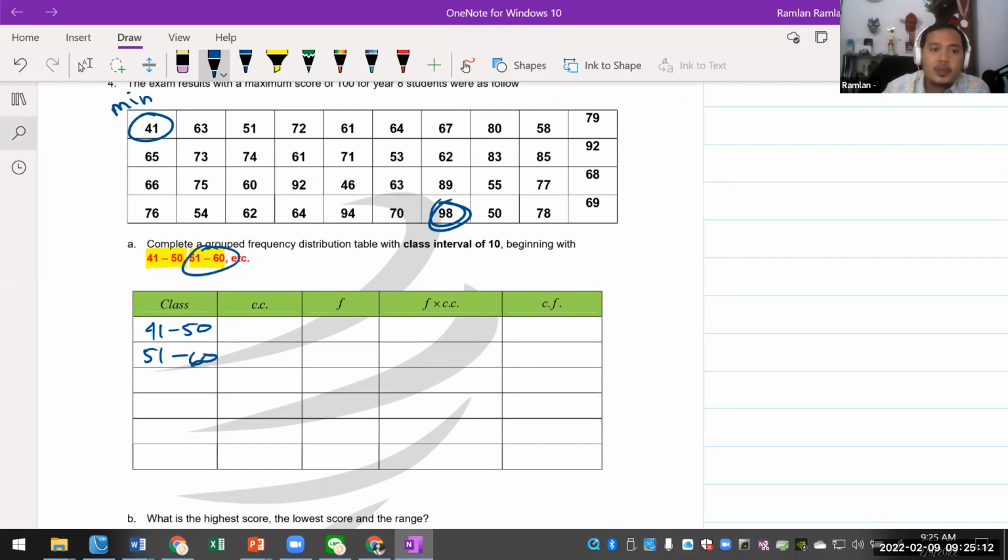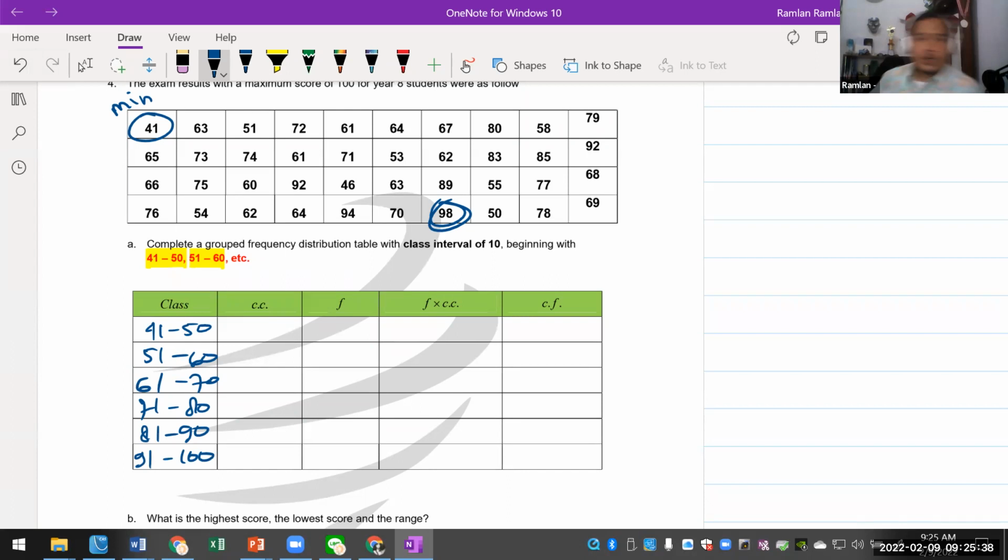And the next one will be 61 until 70. Can you see the pattern here? 41, 51, 61. So this is going to be 71, this is going to be 81, this is going to be 91. Okay, wait, I'm going to erase that. So this is going to be 71 until 80, this is 81 until 90, and this is going to be 91 until 100.